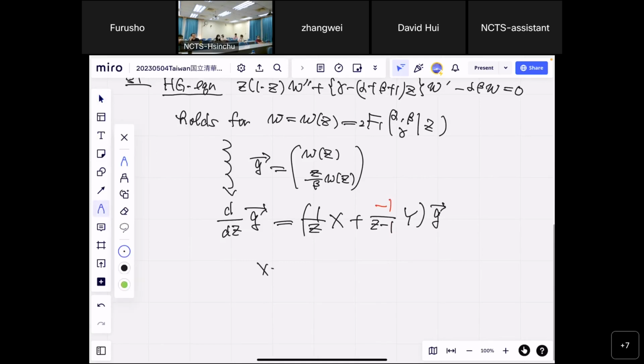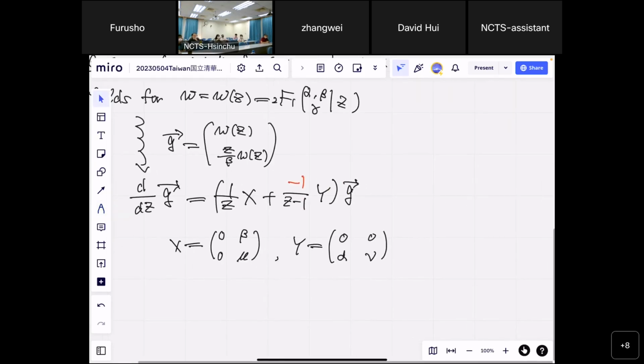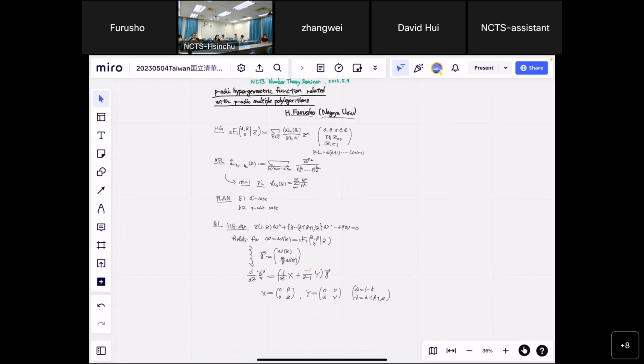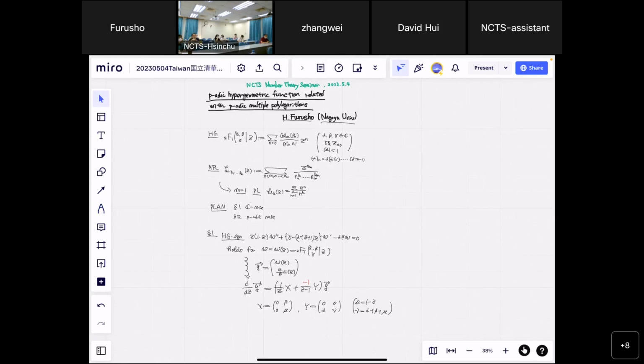X is the 2 by 2 matrix with entries 0, 0, beta, mu, and Y is the matrix with entries 0, 0, alpha, mu. What is mu? One of the parameters is 1 minus gamma, and the other is alpha plus beta plus 1 minus gamma.